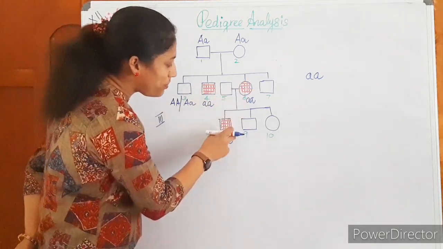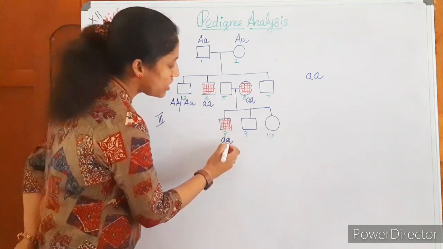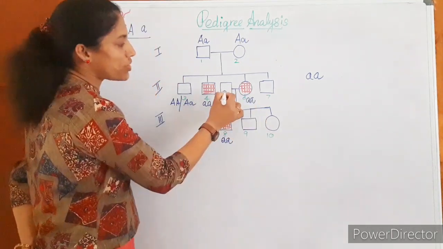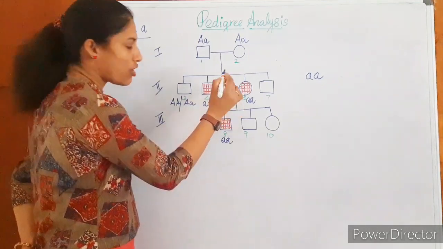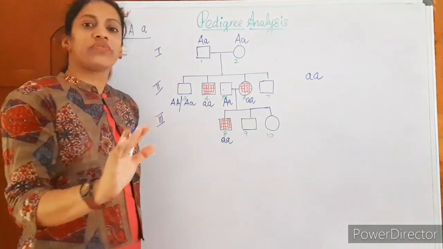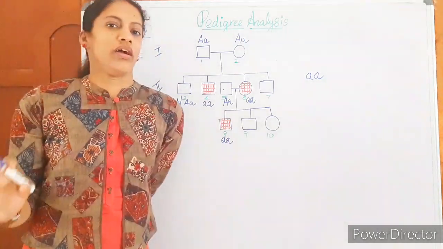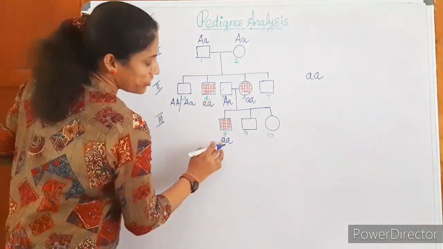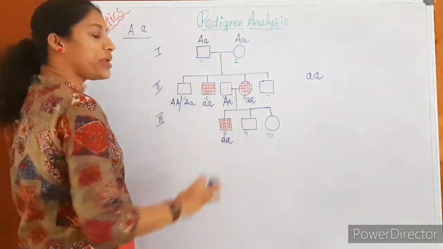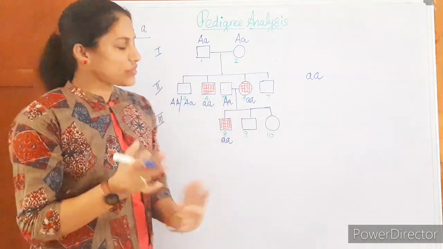That means this small a should come from the mother and this small a should come from the father. No doubt, so he is heterozygous. There is no chance for him to be capital A capital A. Out of the two alleles, one should come from the mother and one from the father. The father must be heterozygous. Okay.